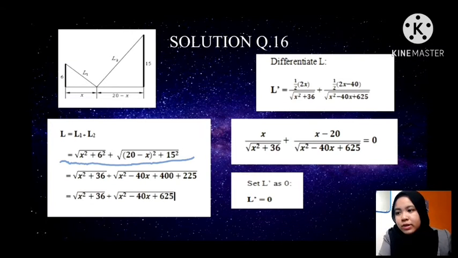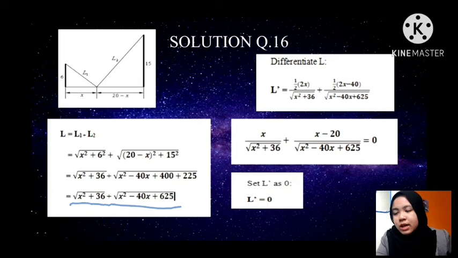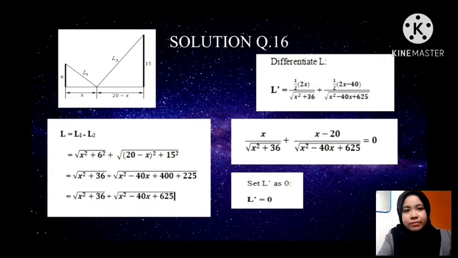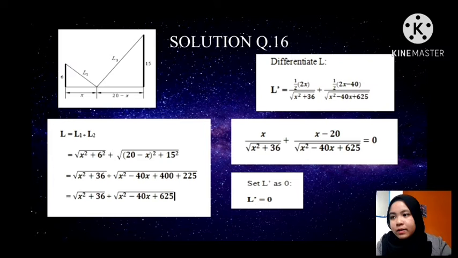So here I have already written, which is square root of x squared plus 6 squared for the first triangle, and the second triangle is square root of (20 minus x) squared plus 15 squared. So calculate it and you will get square root of x squared plus 36 plus square root of x squared minus 40x plus 625.